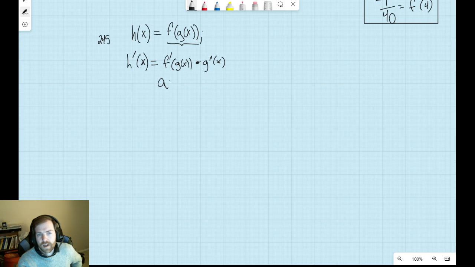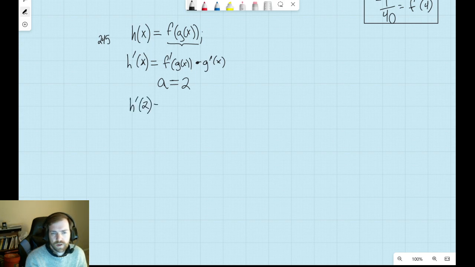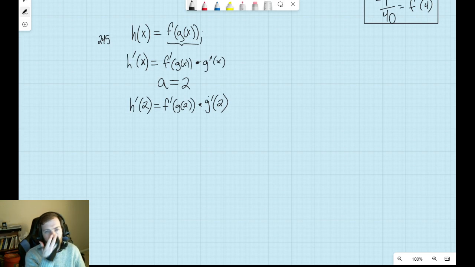if a is, let's go with a is 2. Then here, h prime at 2 is going to be equal to f prime at g at 2 times g prime at 2. So we can go onto the chart, figure this out.